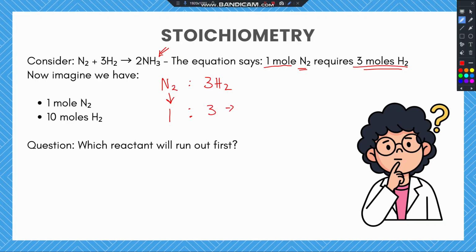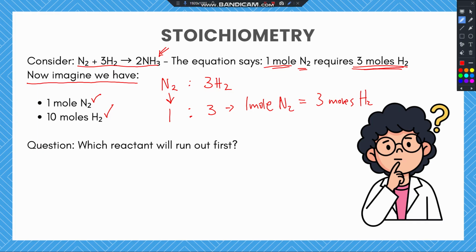What this simply means is 1 mole of nitrogen requires 3 moles of hydrogen. So now we went further to say, imagine we have 1 mole of nitrogen available and 10 moles of hydrogen available. The equation says 1 mole of nitrogen requires 3 moles of hydrogen.